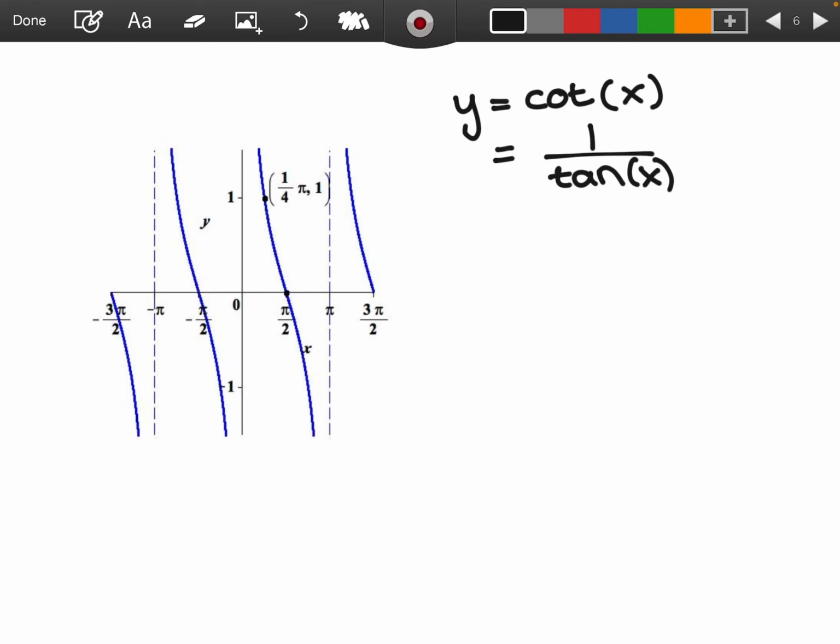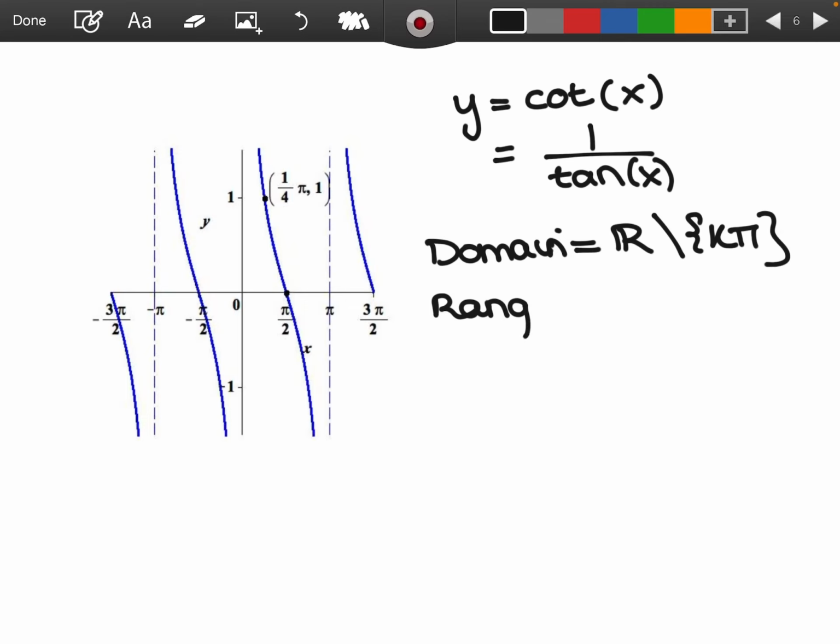So at all of the values where tan of x equals 0, I now have asymptotes, which is at every multiple of pi. So that means that my domain here is all real numbers, but I've got to take out those multiples of pi, because at multiples of pi tan of x equals 0, and therefore cotangent of x would be undefined.